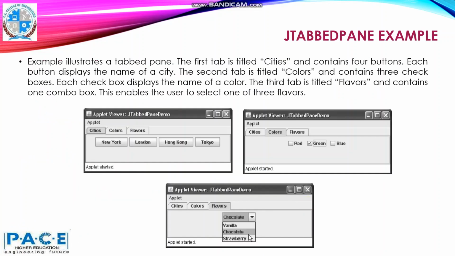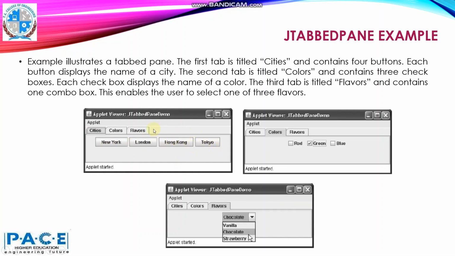Now we see an example. This example illustrates a tabbed pane. The first tab is titled Cities and it contains 4 buttons. They all represent the names of 4 cities: New York, London, Hong Kong and Tokyo.